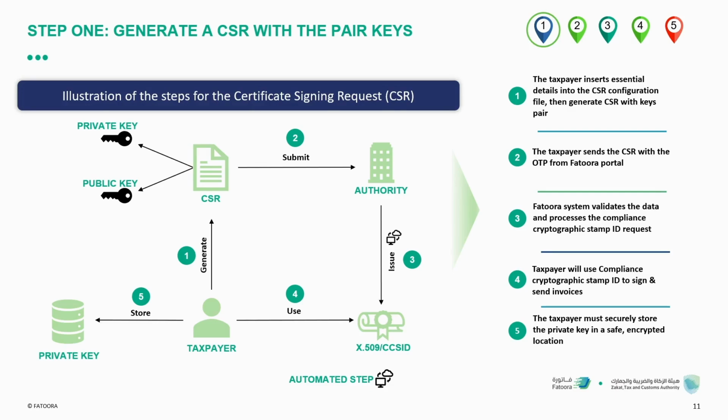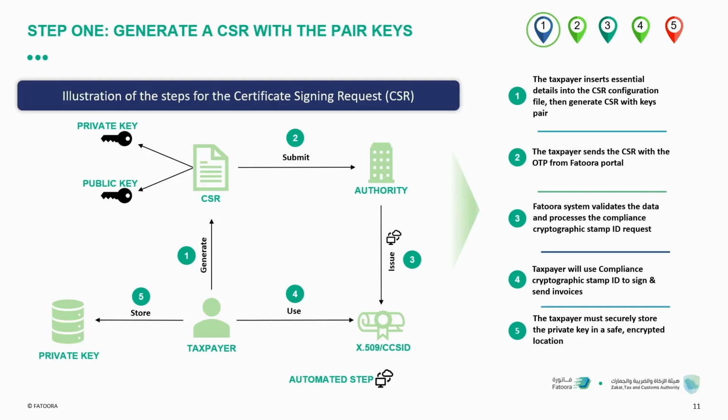So it's the taxpayer's responsibility to store the private key in a safe location. And in case the private key has been exposed to any unauthorized party, the certificate will no longer be active. So here the taxpayer is required in this scenario to revoke the certificate and to request a new certificate that has a secured private key associated.